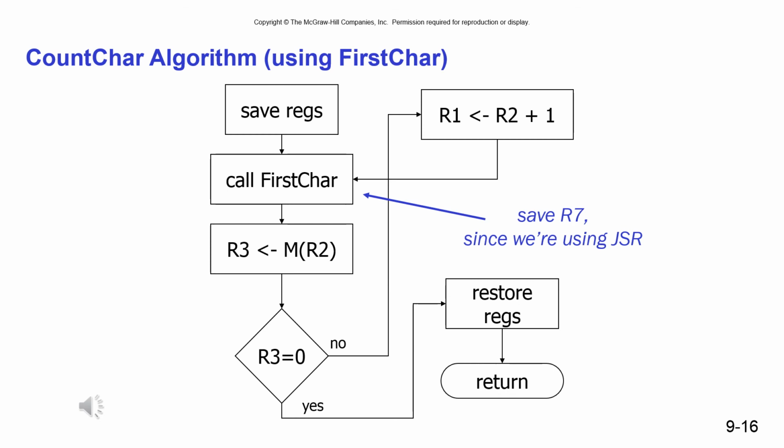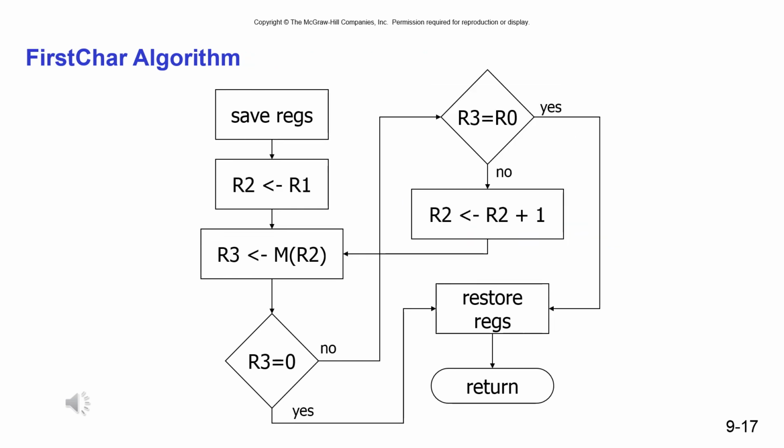Take a close look. And I'm also going to leave the first char algorithm here for you to take a look at. This is a very useful piece of the puzzle for the count-char subroutine project.